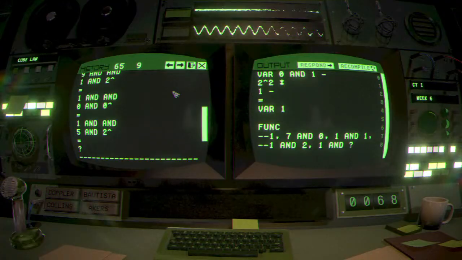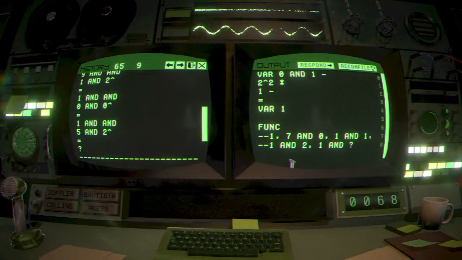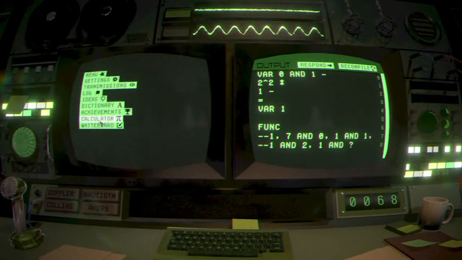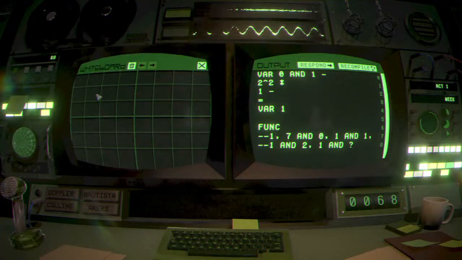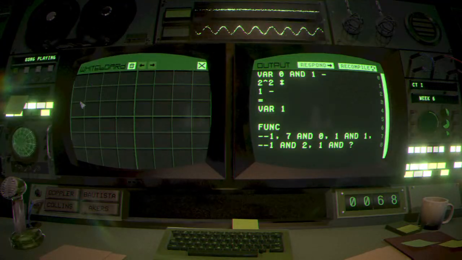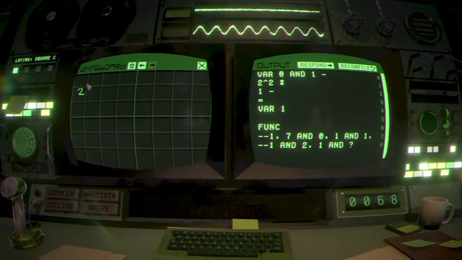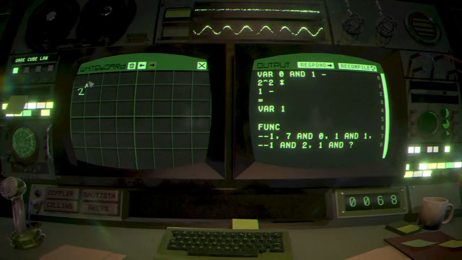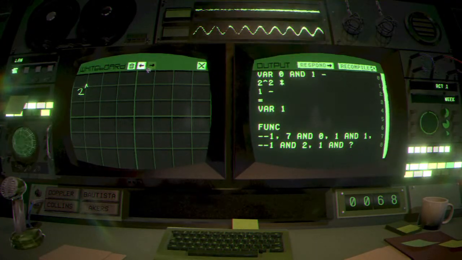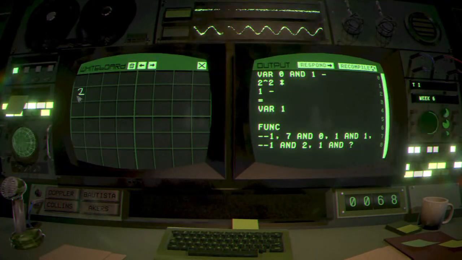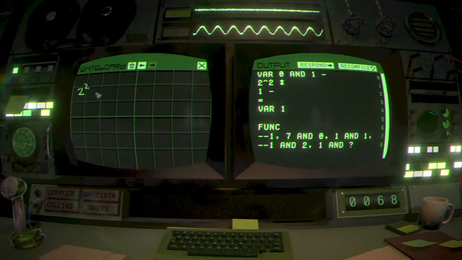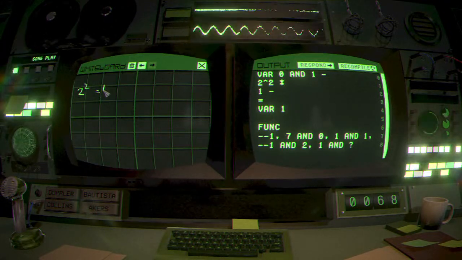I have to write it down, so let's get the whiteboard. So we have 2 squared. It's an undo button. 2 squared equals 4.